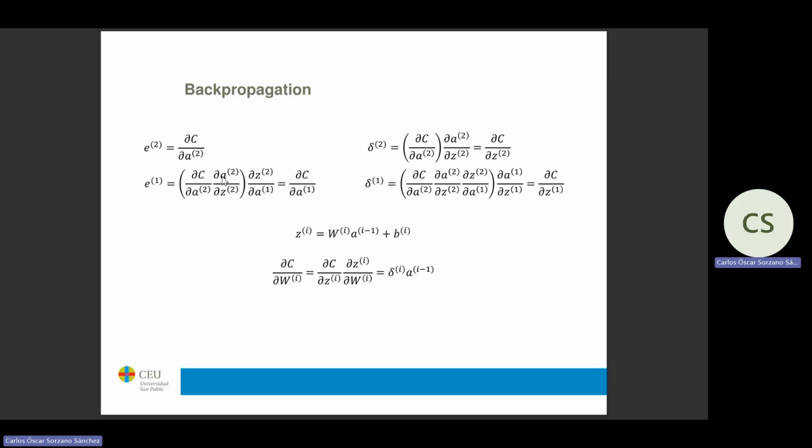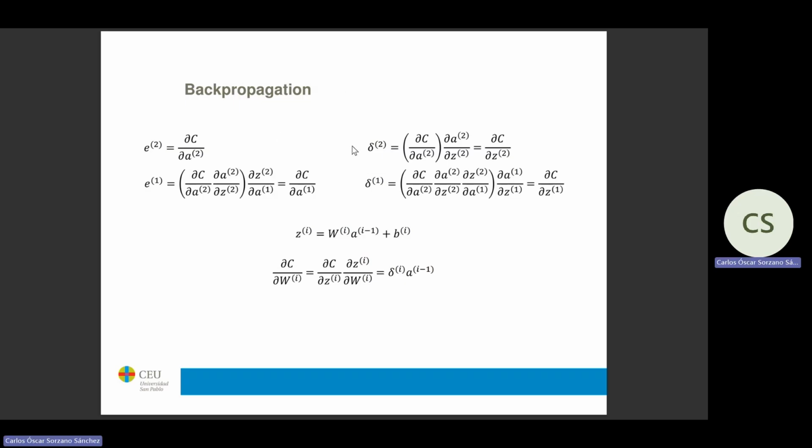And because of the chain rule, we have that the cost with respect to the activation is the cost with respect to the activation of the second, times the activation of the second with respect to the combination of the second, times the combination of the second with respect to the activation of the first one.